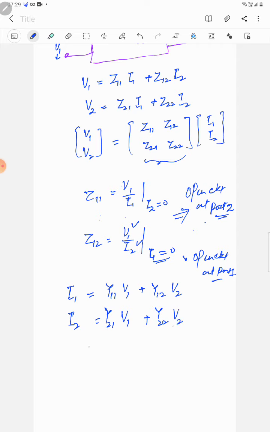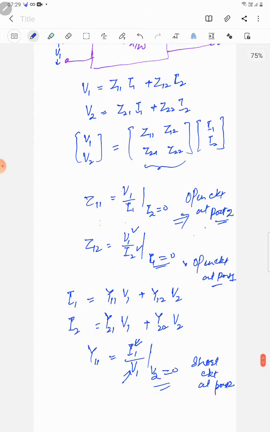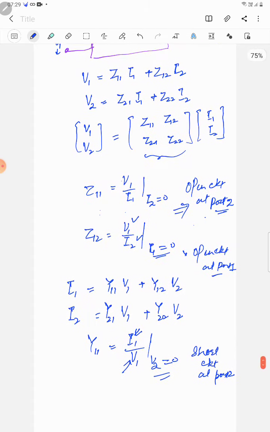We can find Y11 by using this relation. Y11 is I1 upon V1 when V2 is equal to 0. So in this case, the ratio of current I1 at port 1 to voltage at port 1, the condition is that V2 is equal to 0. V2 equal to 0 would mean we have to create a short circuit at port 2. So this is how we define these parameters.